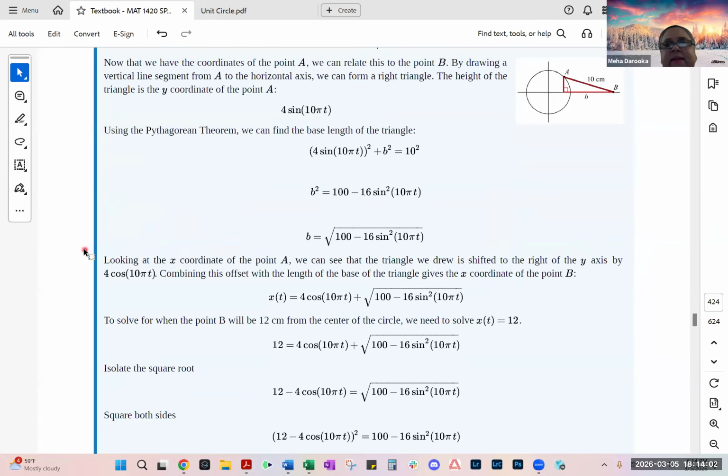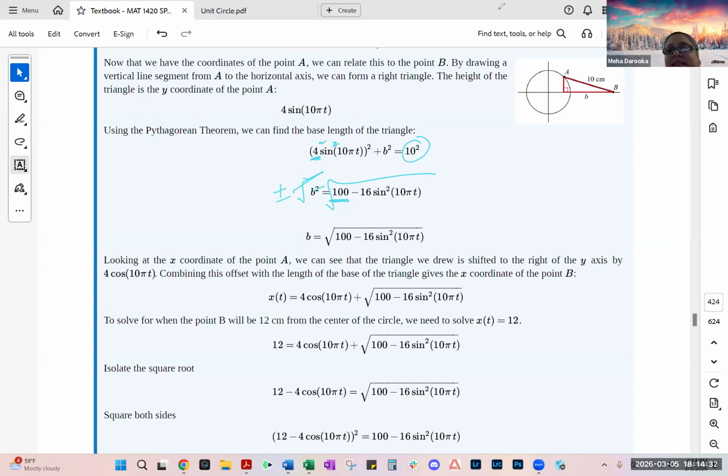So as I said, over here, you're basically squaring the 4 and putting the square on the sine function. We, of course, square the 10 to get 100. And then to get b by itself, you would use a square root on both sides. Now, guys, remember, normally when you bring in a square root, the square and square root cancel out, but you also get a positive and negative value.